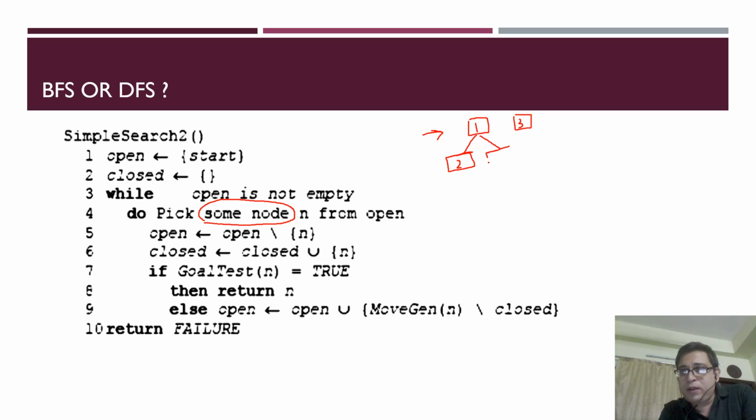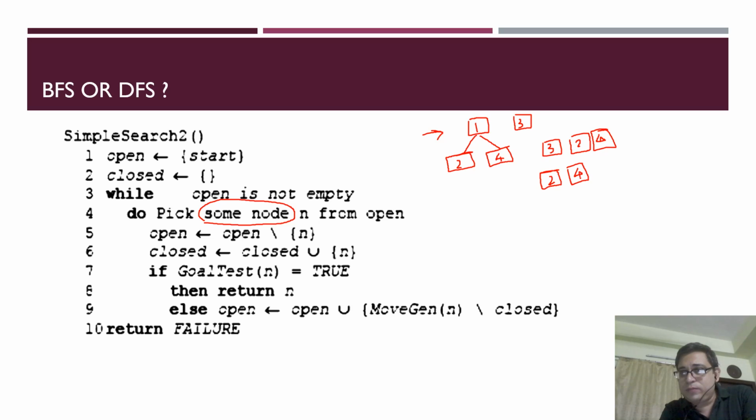One is already removed from open. So there are two options. First option is that you have 3, 2, 4, so you added the children later. This is case 1. And the second case is you have 2, 4 at the starting and 3 at the last, so you add the children at the starting.